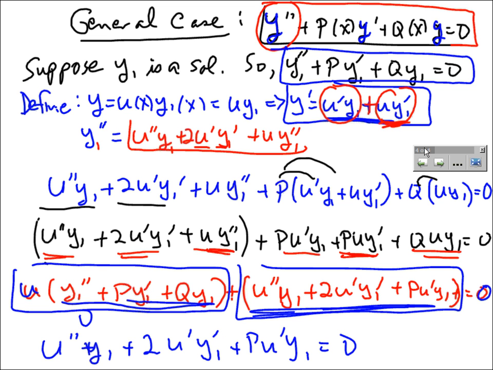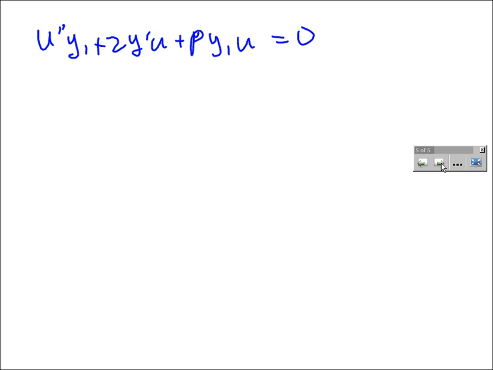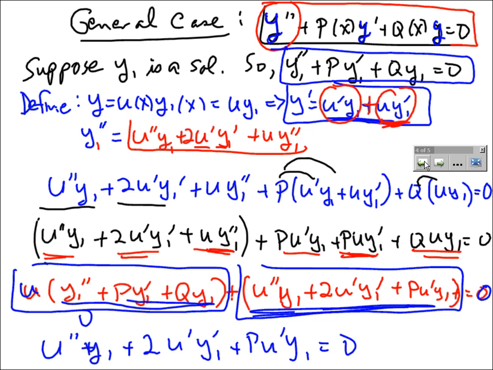But this equation is separable. This equation is 100% separable after you do a reduction. u double prime y1 plus 2y prime u plus py1u. I might have written it down in a different order. It was from memory after all, but I wrote this down on the other page.